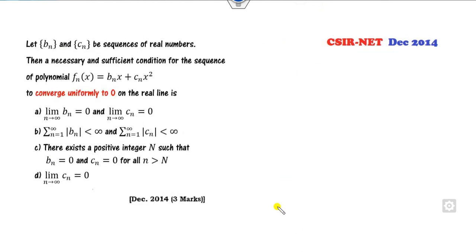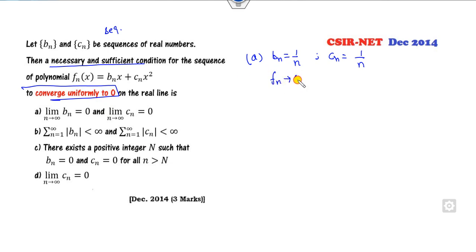Okay, look at this another one. Again it's a sequence. The necessary and sufficient condition for this to converge to 0 is here. Very simple. Can you choose any function Bn whose limit is 0? I can choose here. Cn I again can choose here. Then your target is to prove this goes to 0. So how can you choose that?